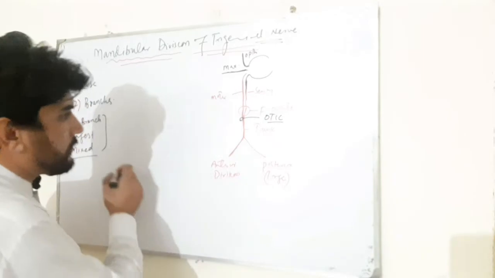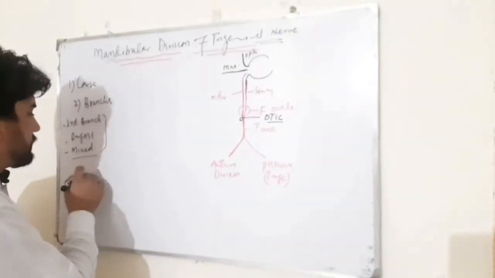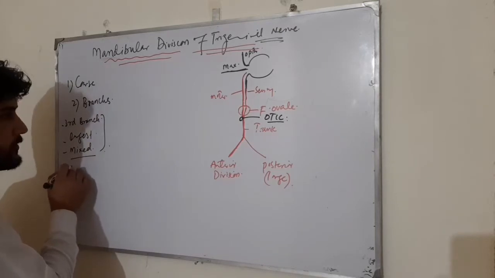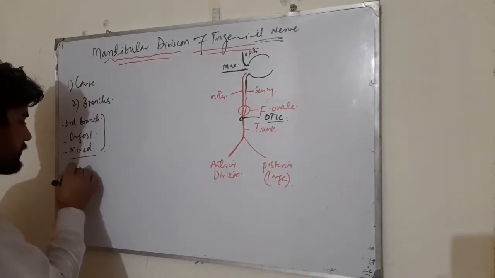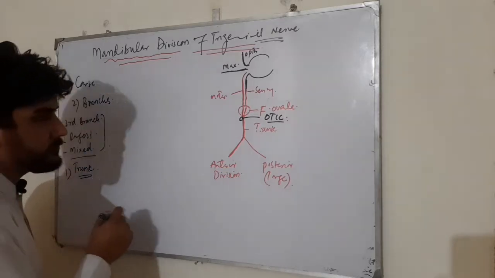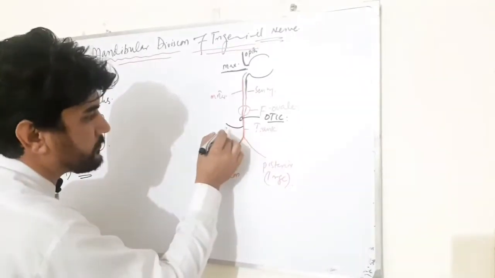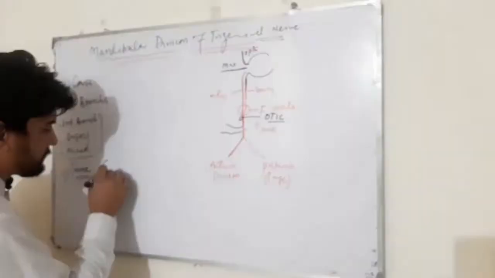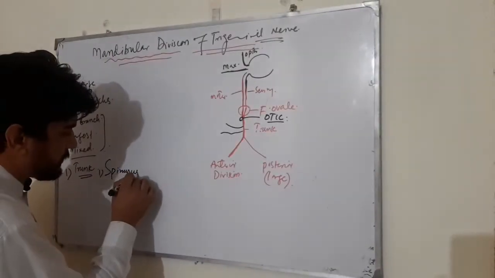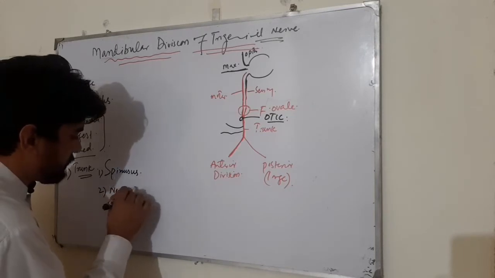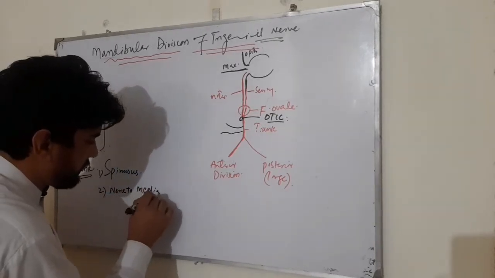So the trunk, which is a union of sensory as well as motor fibers, gives off two branches when it comes out of the foramen ovale. The first is the nerve to spinosus, and the second is the nerve to medial pterygoid.